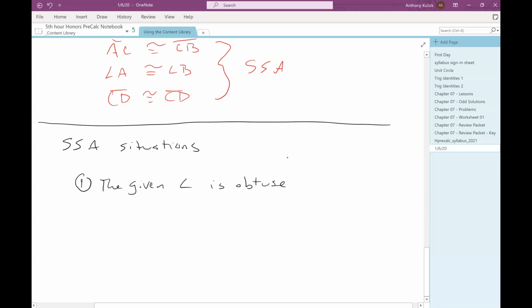So if the given angle, the angle that you're given information about in the problem, is obtuse, actually let's combine this. Let's just say the given angle is greater than or equal to 90 degrees. So let's include a right angle with that also, because the same thing is going to be true.